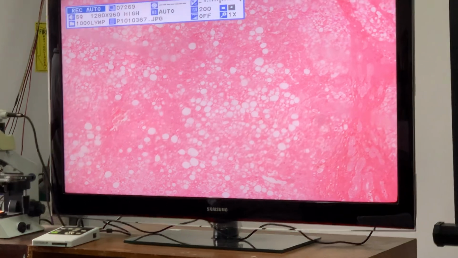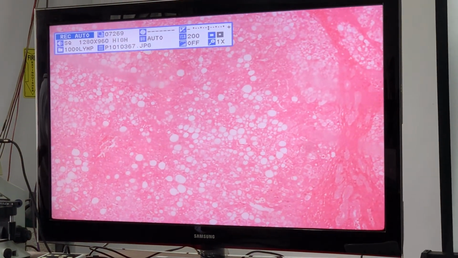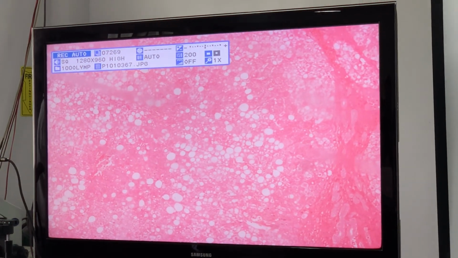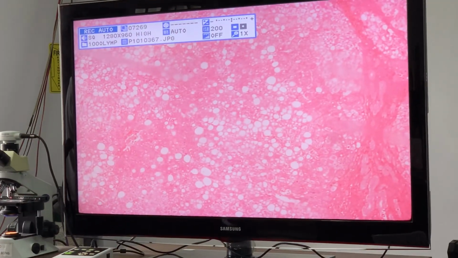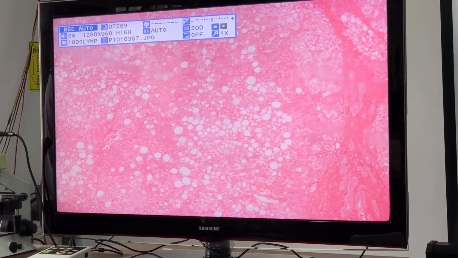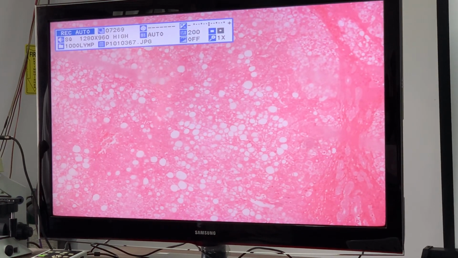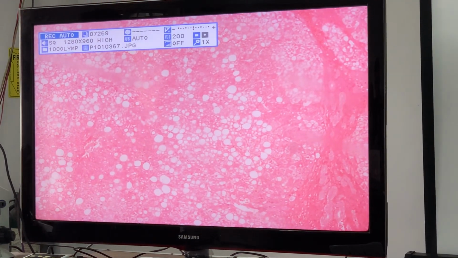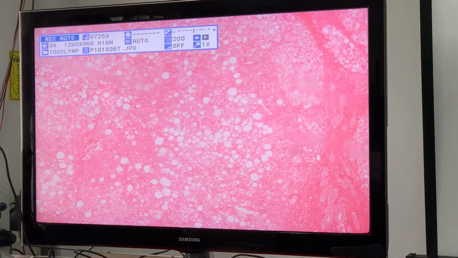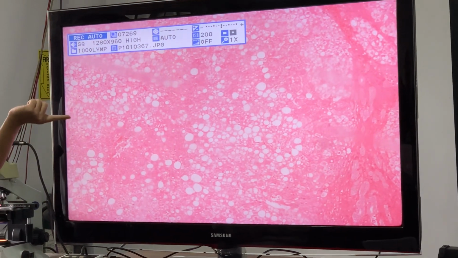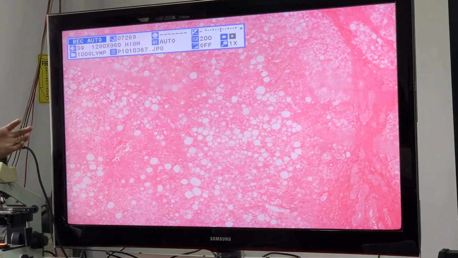What's inside the hepatocytes? Lipid droplets. So this is called fatty change. Remember, we have cellular swelling, and the other injury is fatty change.